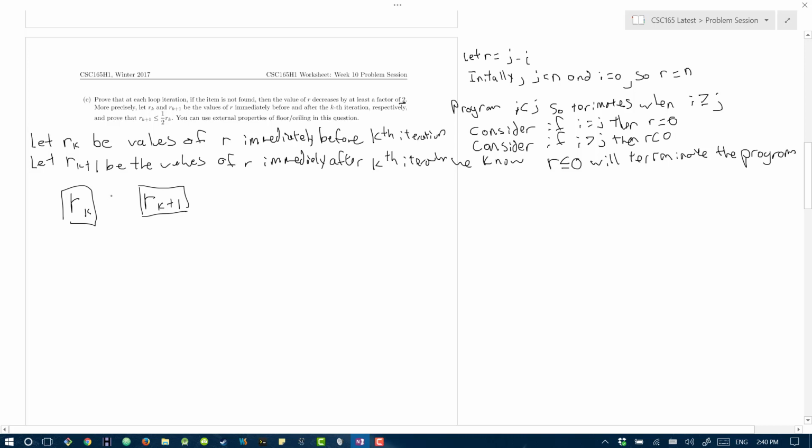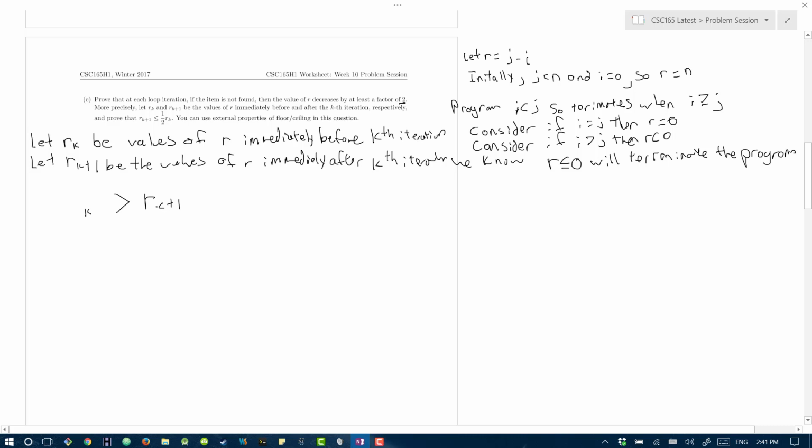So we know, first of all, that this value is going to be larger, right? We don't know by how much, but we know that value is larger. Let me just erase this here.